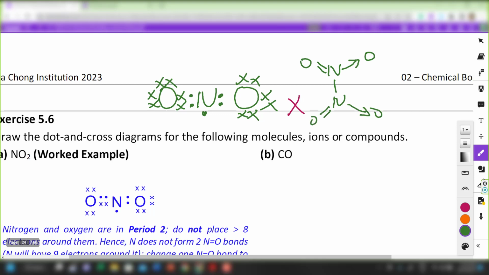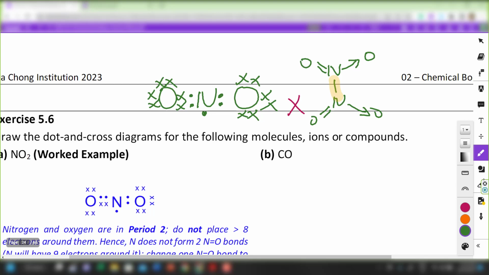Because the radical form is not very stable, when the 2 single electrons come together, they will form a sigma bond, and this is what you get, N2O4. But N2O4 is also not very stable, so this bond is actually extremely weak. I'm just going to highlight it in yellow. This is a very weak bond, so it will also simultaneously break to give you back NO2.